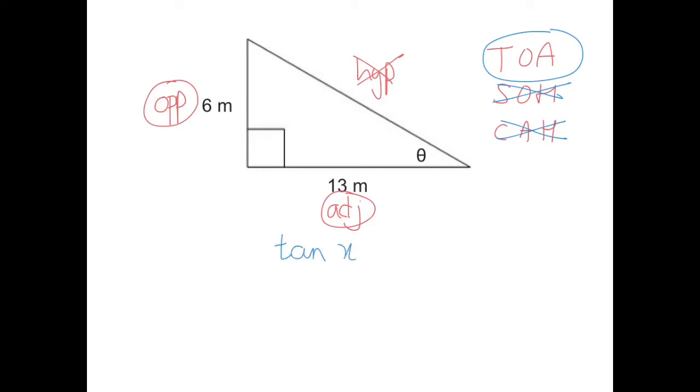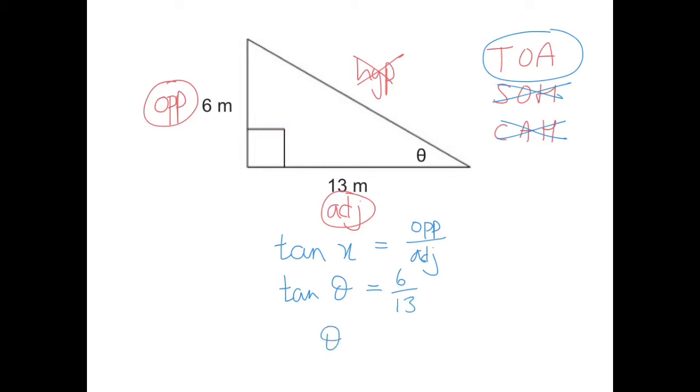Tan of an angle x is equal to opposite over adjacent. And fill it in. Tan of angle, well, our angle here is theta, so instead of x, we're going to write theta this time. It is 6 over 13.